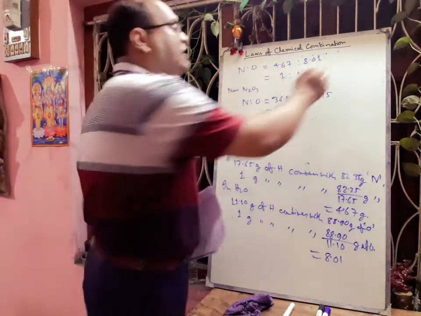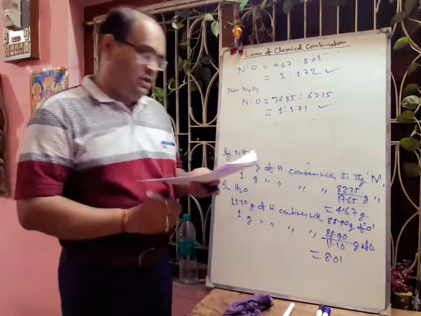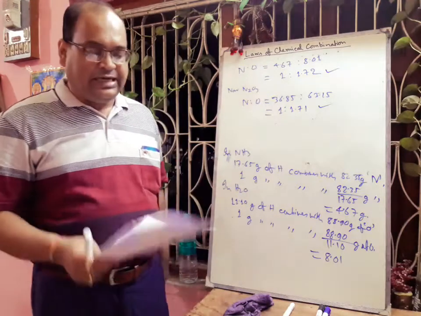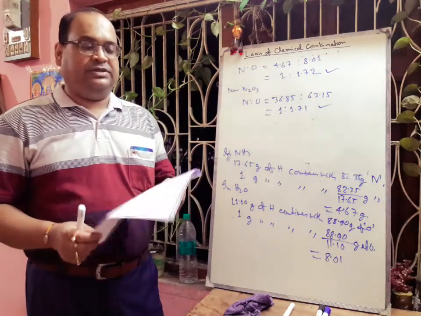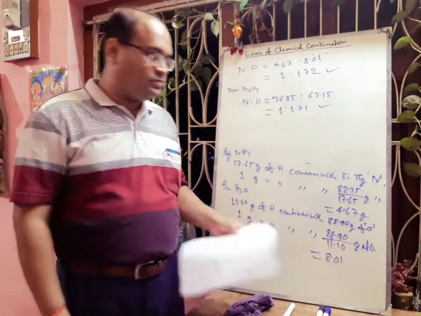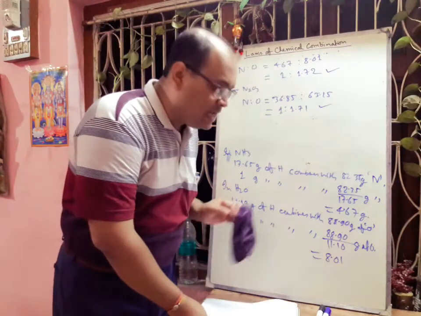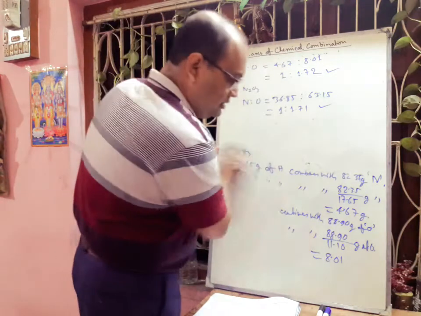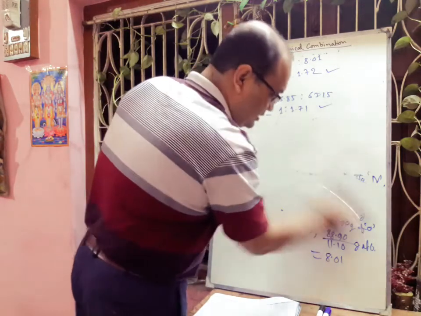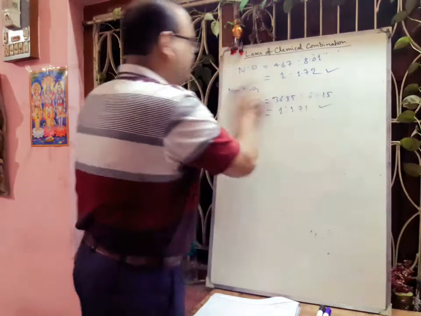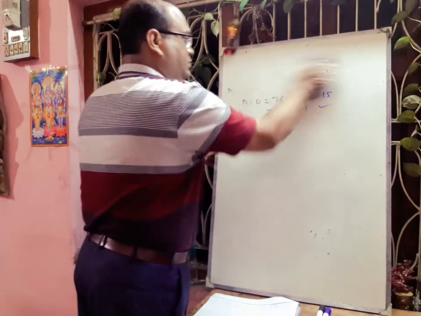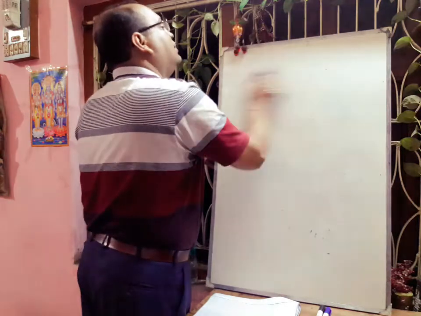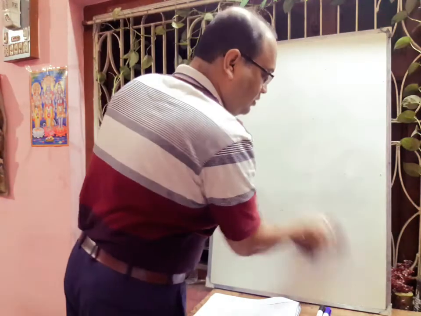So if we look at these two ratios, they are almost the same. Okay. Hence it illustrates the law of reciprocal proportion. Hope you can understand. Next we will discuss the atomic mass and isotopic mass, and you will practice other problems from your textbook. Okay.